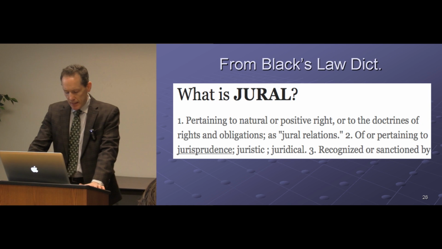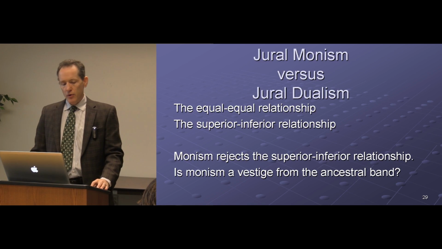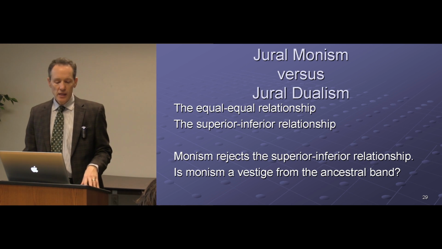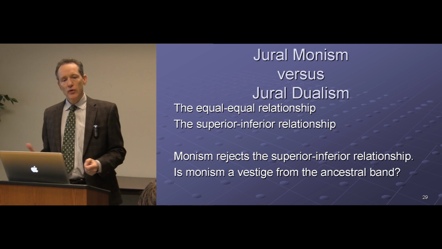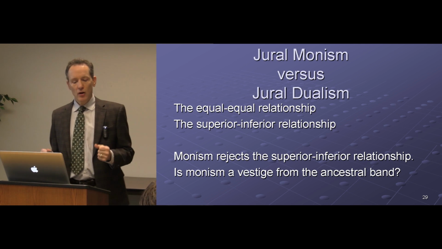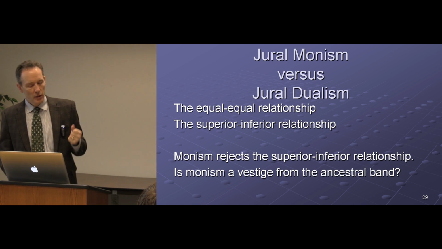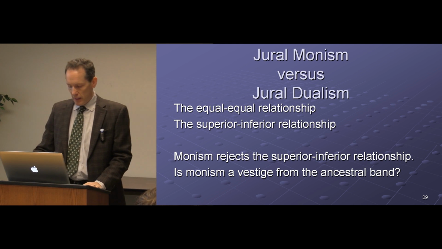So in The Theory of Moral Sentiments, we work with and encounter two different sorts of jural relationships. The equal relationship, and that is like you and your neighbor, you and your coworkers, you and your employer, you and your employees. Those are all voluntary relationships.